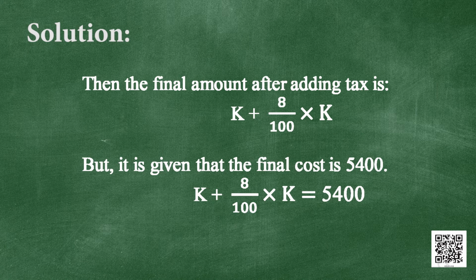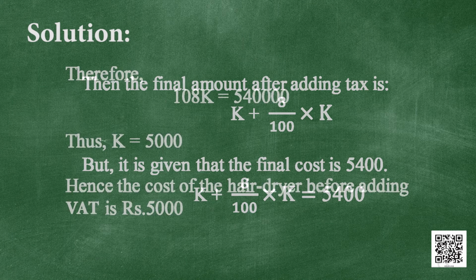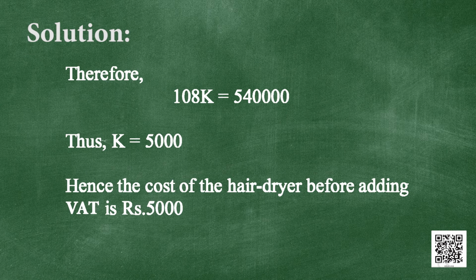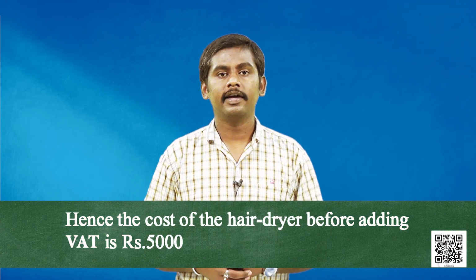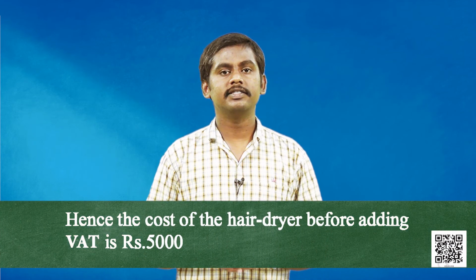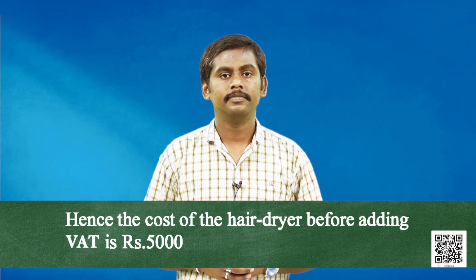Therefore, K plus 8 by 100 multiplied with K is equal to 5400. Therefore, on simplification we get 108K is equal to 5,40,000. So, by which we get K is equal to 5000. Students, therefore, the cost of a hair dryer before adding VAT is rupees 5000.